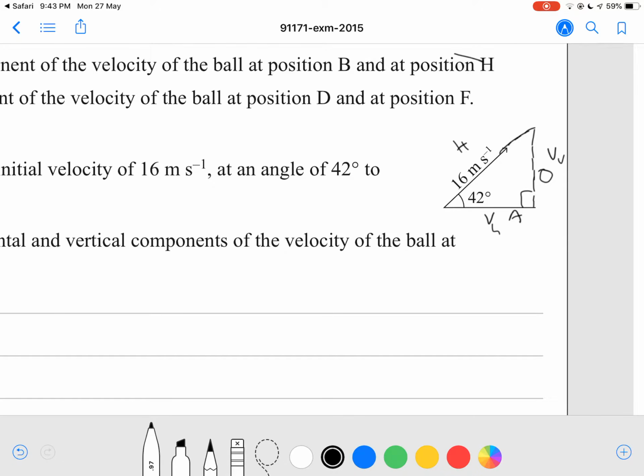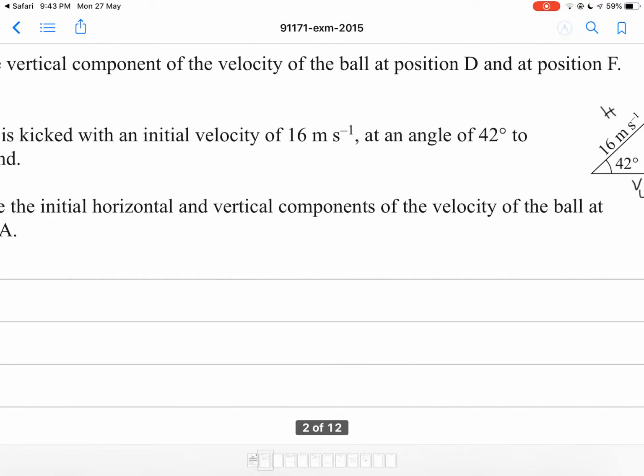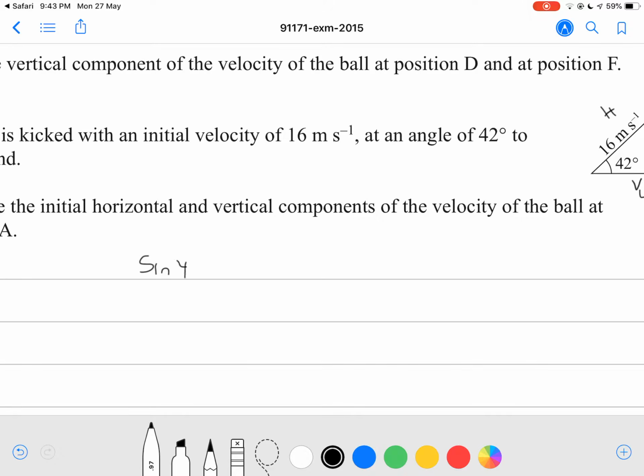So we're going to use the sine rule. sin 42 = O/h.